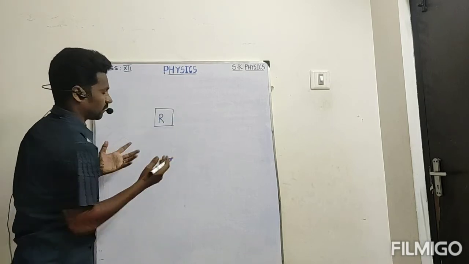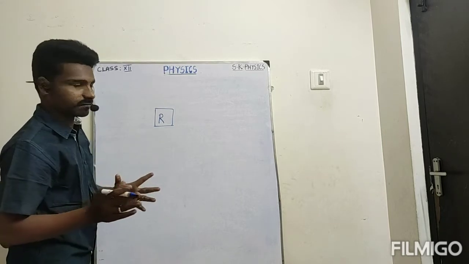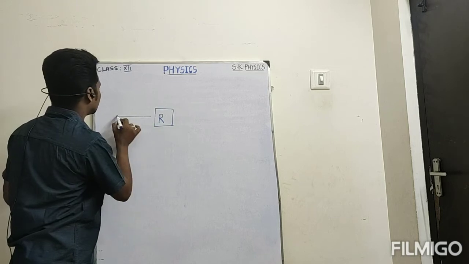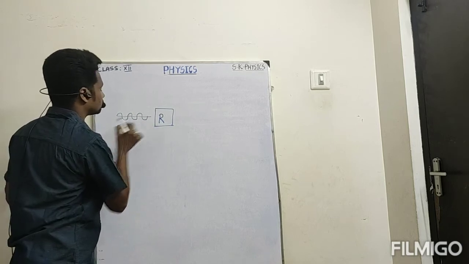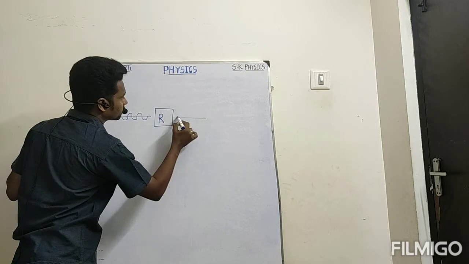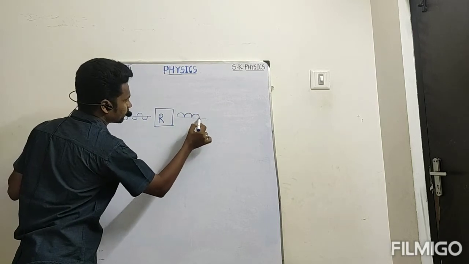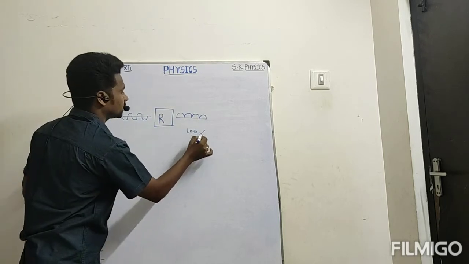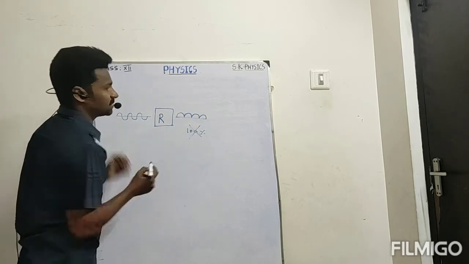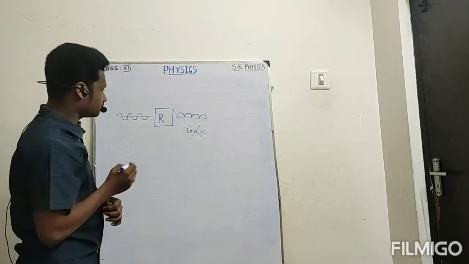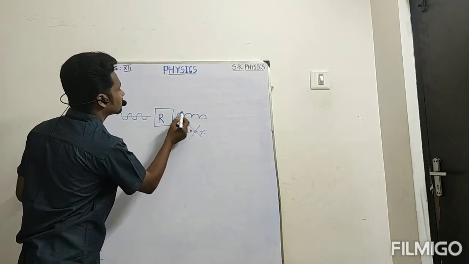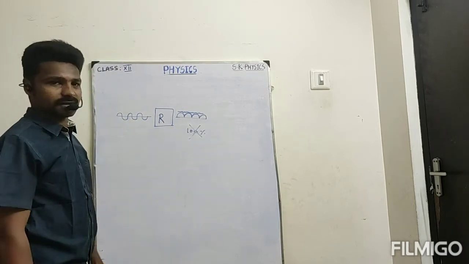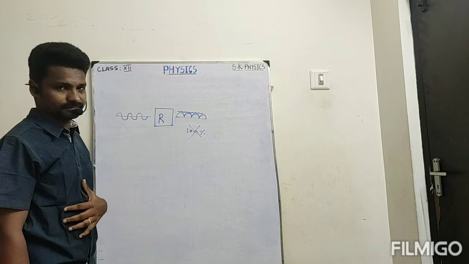This rectifier may be a half wave rectifier or full wave rectifier, anything. Now apply the input as an AC source, but the output we can get is DC. But it is not 100% DC. Some fraction, some amount of AC is also included. Like that only the output will come.